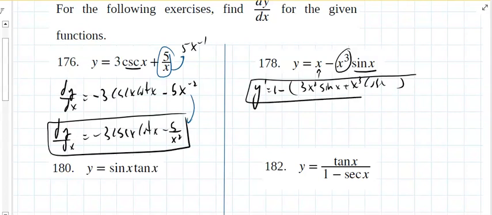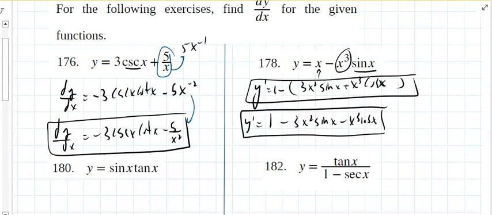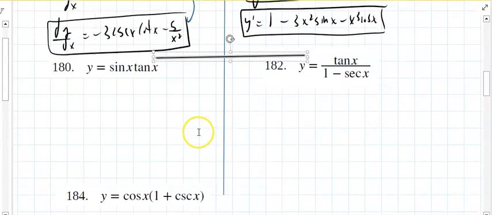On a quiz or test, that's what I want, but for the homework we want to clean this up to match it with the back of the book. And in the next chapter you're going to have to simplify this anyway. So on a test, when I say differentiate, do not simplify, I just want the calculus.